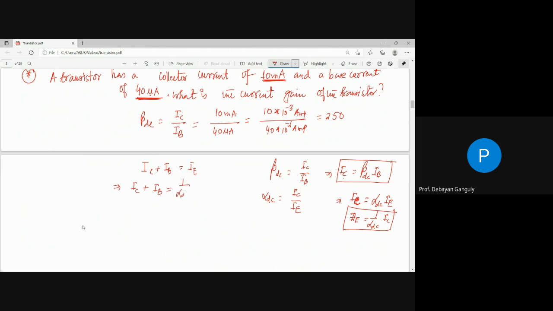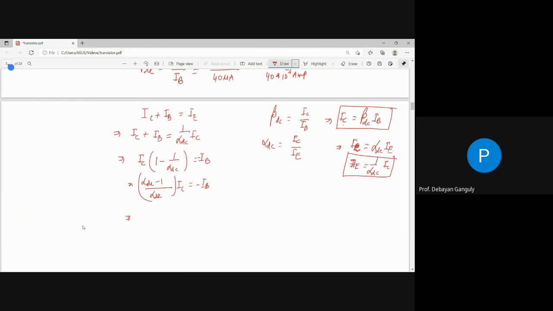IE is 1 by alpha DC times IC. Taking IC common, 1 by alpha DC minus 1, IC equals IB. Considering the negative sign, IC is alpha DC by 1 minus alpha DC into IB.